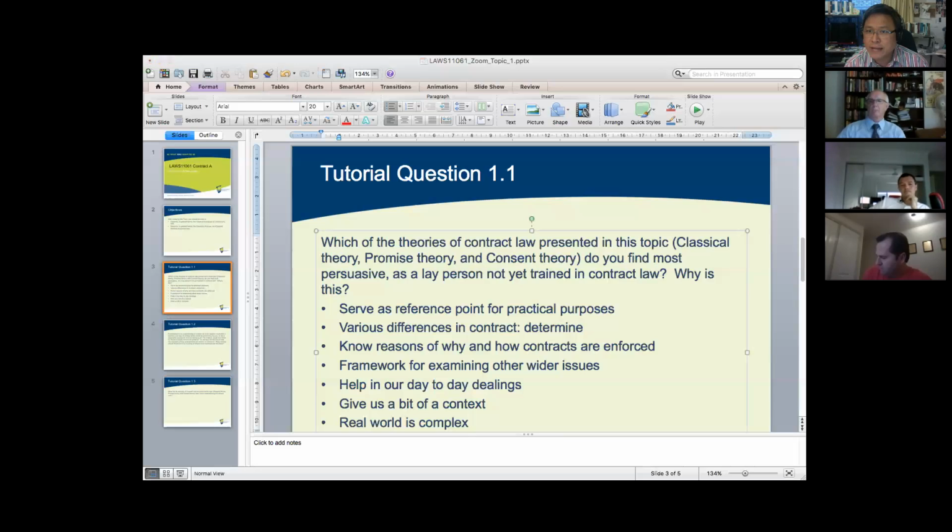Okay, so can we get the answers there? So you've got some saying it's classical, some are saying it's consent. How about the others? Can I get the answers from the rest?